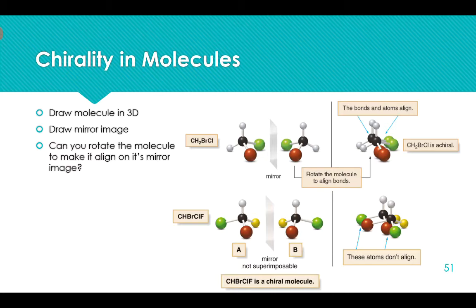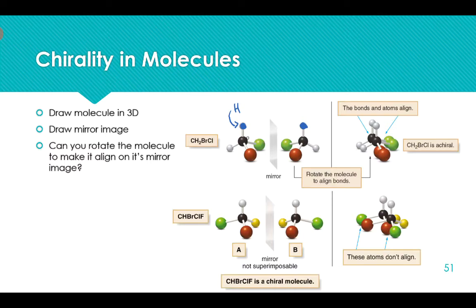When we're looking for chirality in molecules, we are looking for carbon atoms that are bonded to 4 different objects. Here we have a carbon that has 2 hydrogens on it. I'm going to color this hydrogen blue, just for reference. When I do a mirror image of that, it's here.